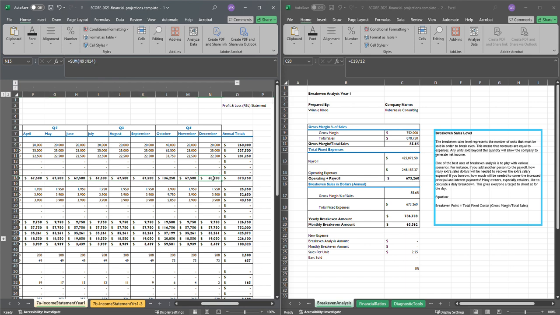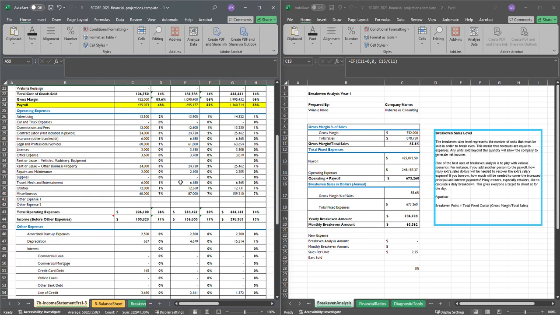So every month we're barely getting by, which is the whole point of the break-even. We are able to cover our expenses, but over the entire year we need 786, and here we have 878, which is a decent margin.